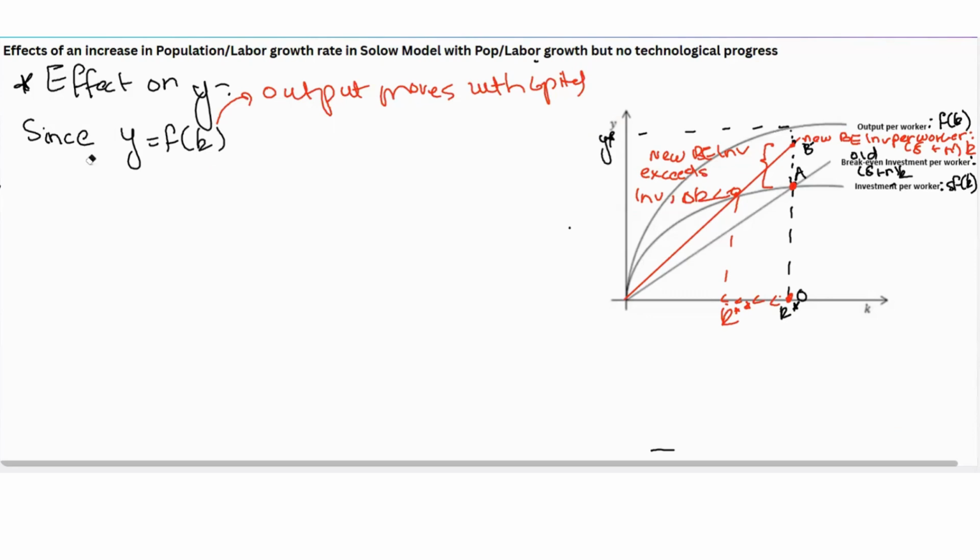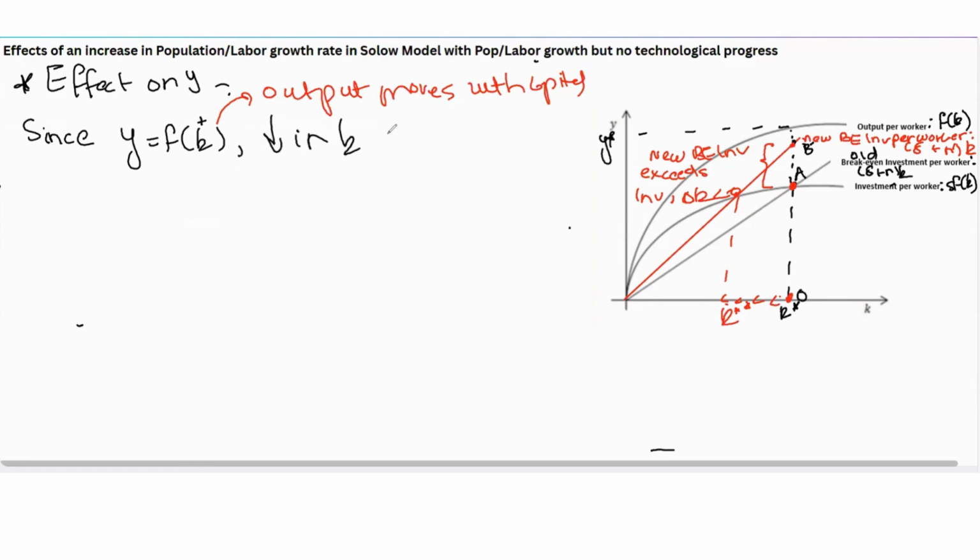I think just a plus here would be fine. So output per worker is a positive function of capital per worker. This means that output per worker moves with capital per worker.